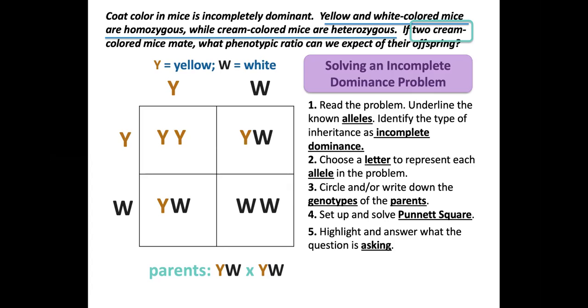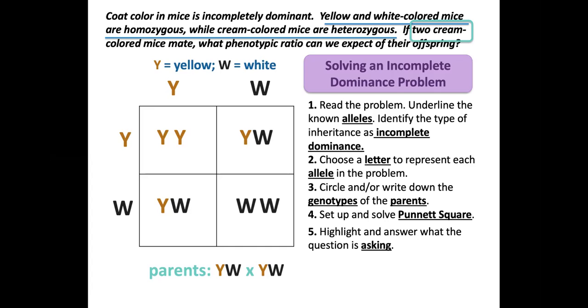Next, we have to highlight and answer what the question is asking. So what's the question asked? Phenotypic ratio of the offspring. So phenotype is talking about what we see. So what color is this going to be? Yellow. Yellow, cream, white.